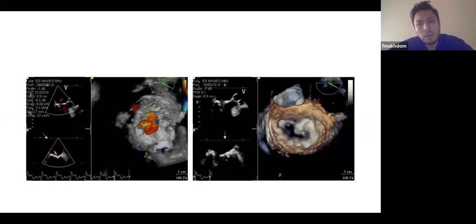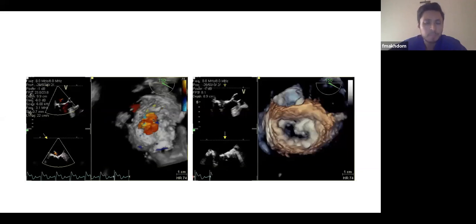Having said that, the other option that I want to talk to you about is actually putting a transcatheter valve in the calcium. This can be done on pump on an arrested heart.